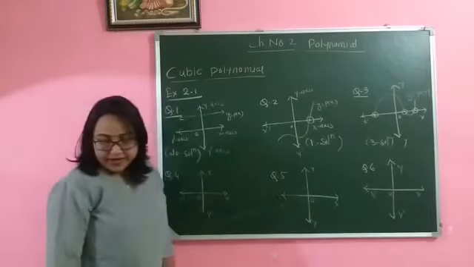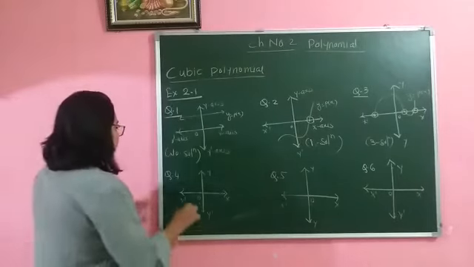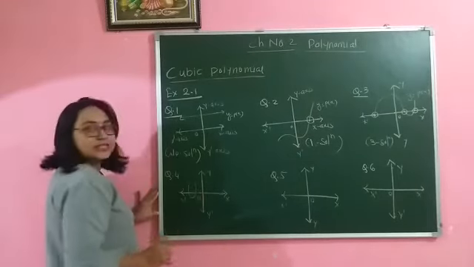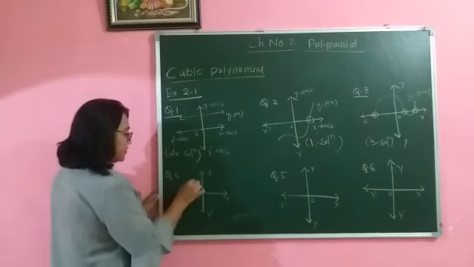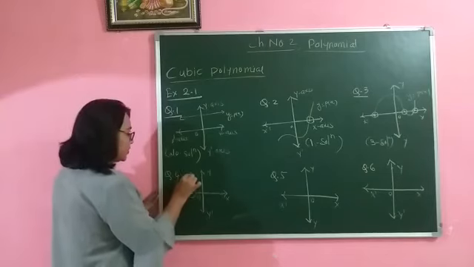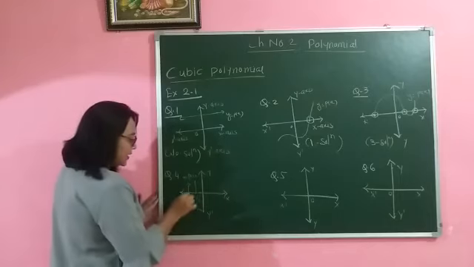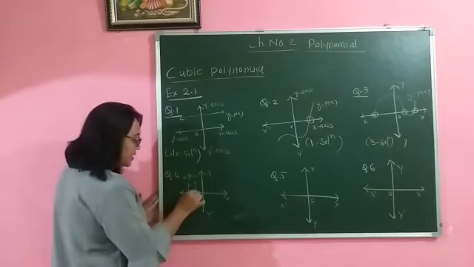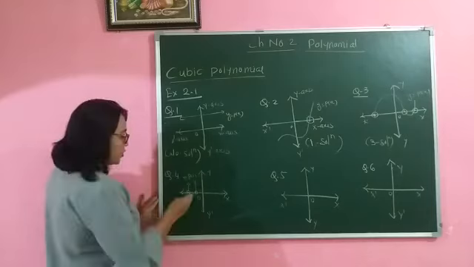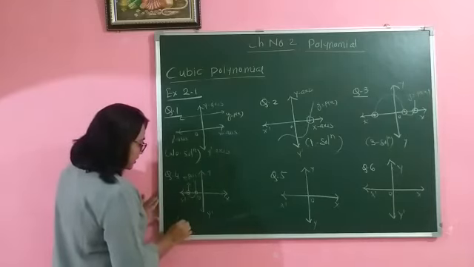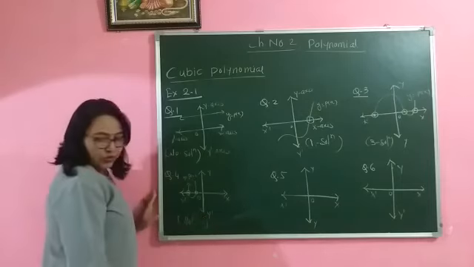And in the next one, this type of graph is given, y is equal to f of x or P of x. Again on the x-axis, the intersecting points are 2, so there are 2 solutions.